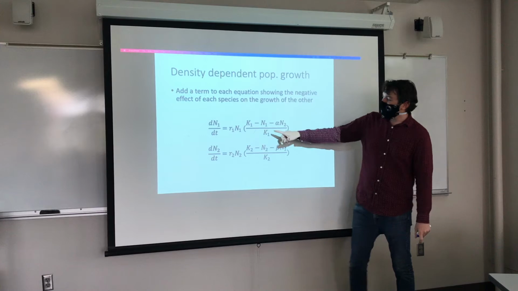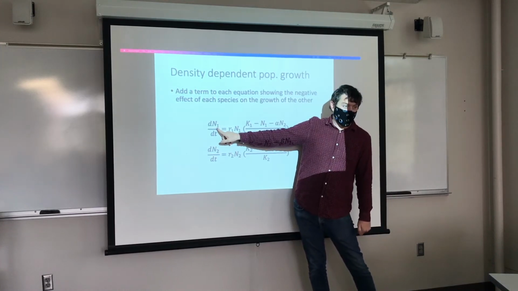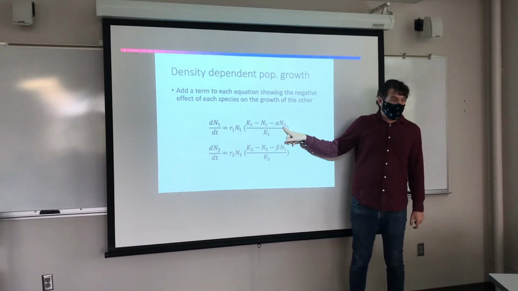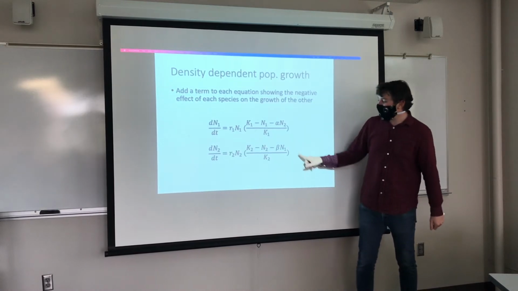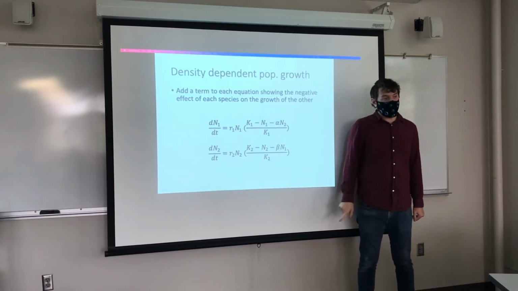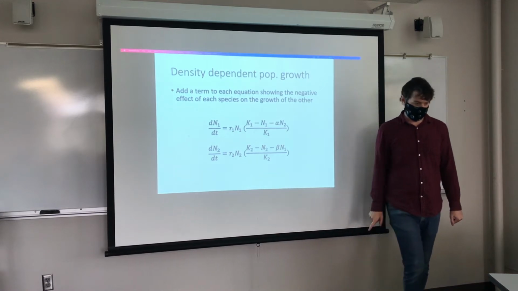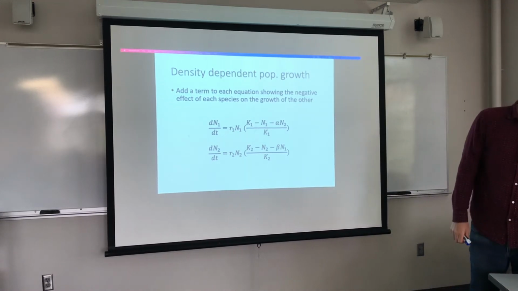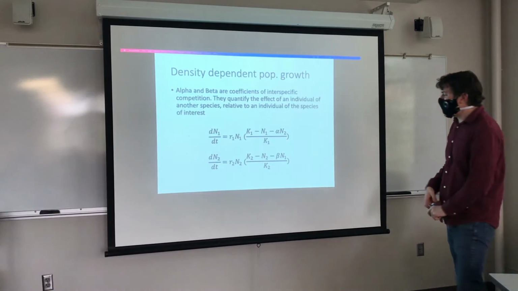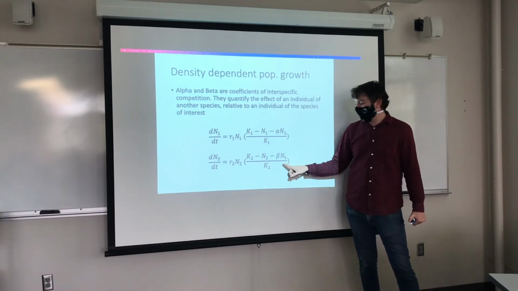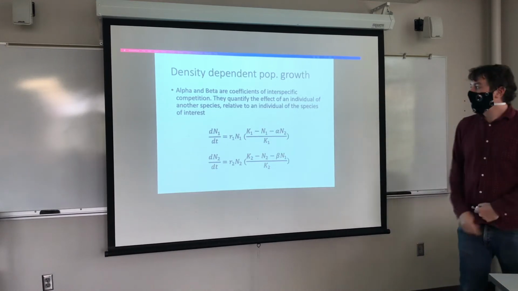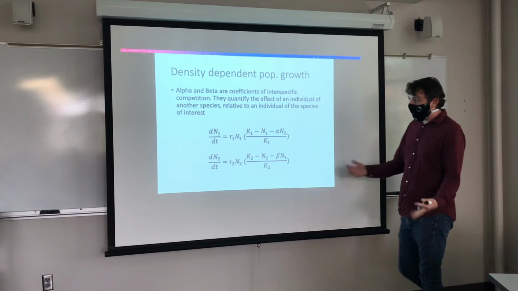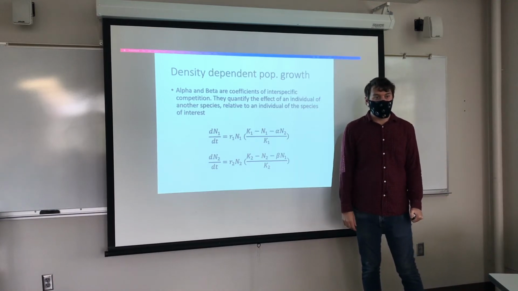Now we've added into the model for species 1's growth the negative effect of species 2. And for species 2, we've added the negative effect of species 1. You'll notice I didn't just add N2 and N1, I also have these new coefficients, alpha and beta. So alpha and beta are coefficients of interspecific competition.